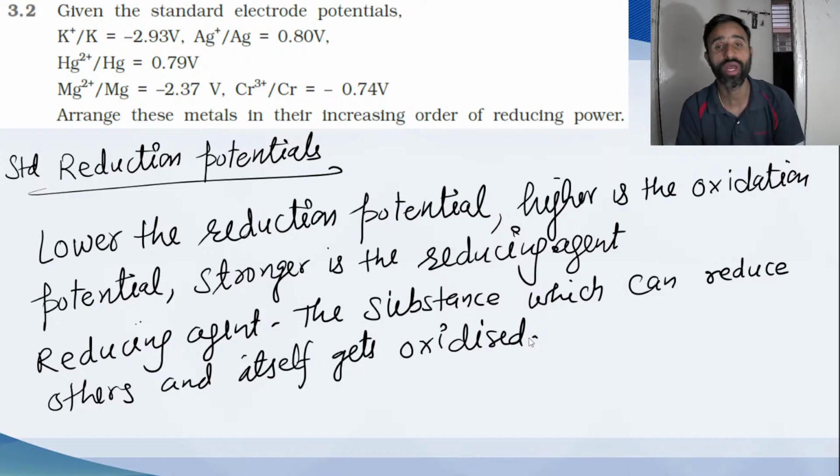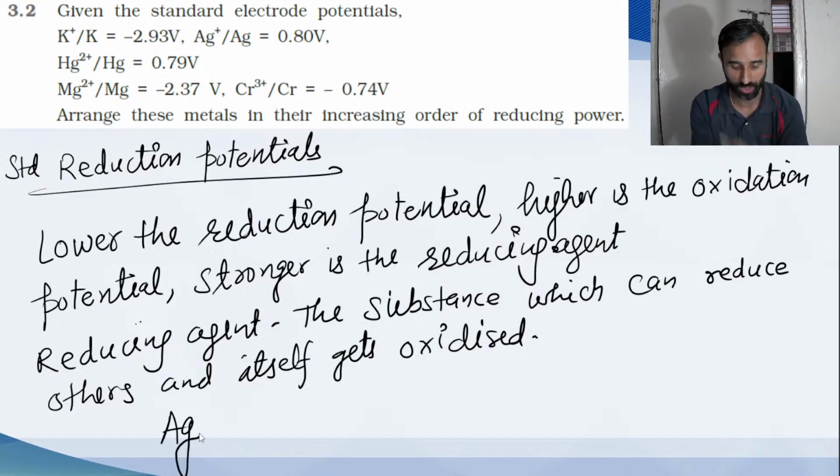That means it should have high oxidation potential, or we can say lower reduction potential. So which one has the lowest reduction potential? That should be the strongest reducing agent. We should write in the increasing order. So the one having the highest reduction potential is the weakest reducing agent.